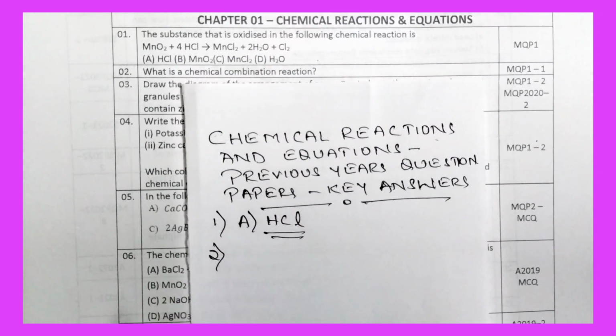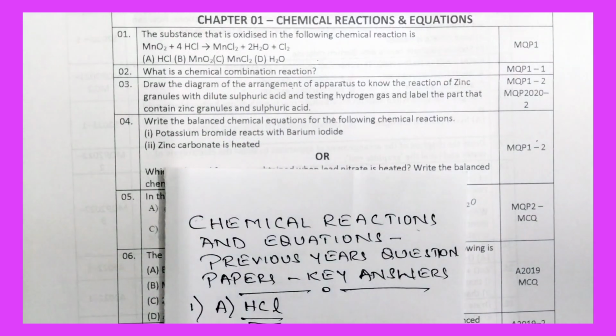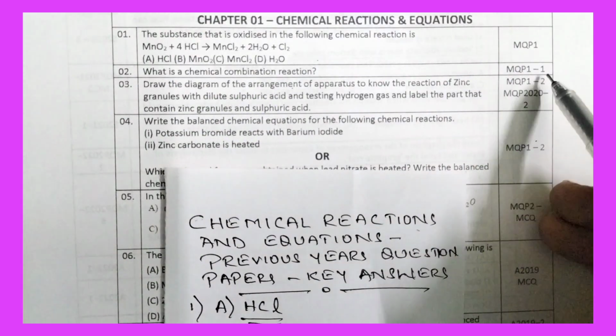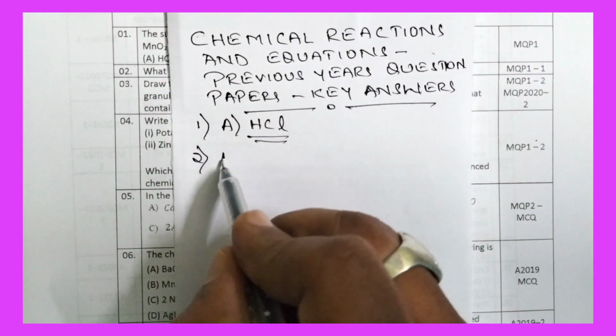Now let us move to the second question. What is a chemical combination reaction? It is a 1 mark question. Now let us answer what is a chemical combination reaction.